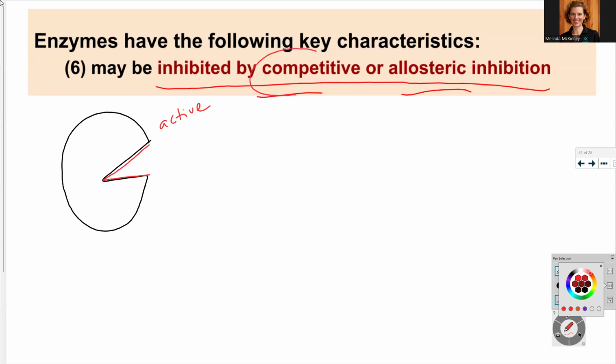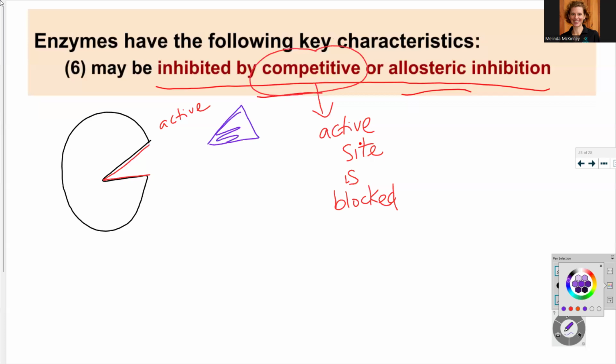So in competitive inhibition, the active site is blocked. So say this is the reactant and it wants to get broken down, right? What can happen is you can have an inhibitor.